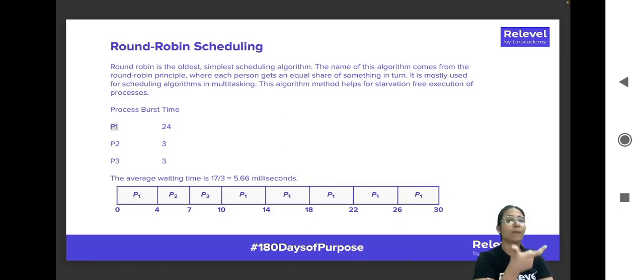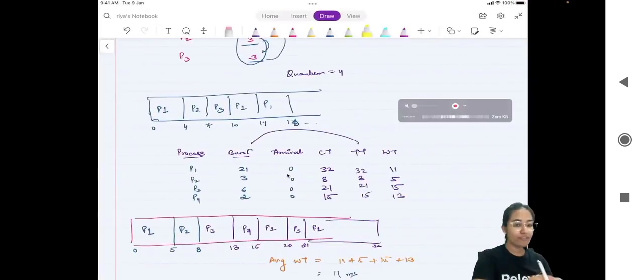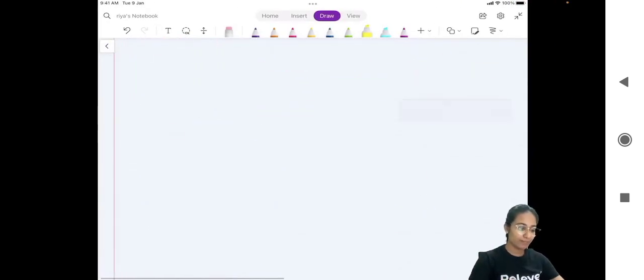So the CPU is occupied for a very long period of time continuously. But if you keep the quantum time very low, there will be a lot of context switching over here. That is why deciding the perfect quantum time is very, very difficult.